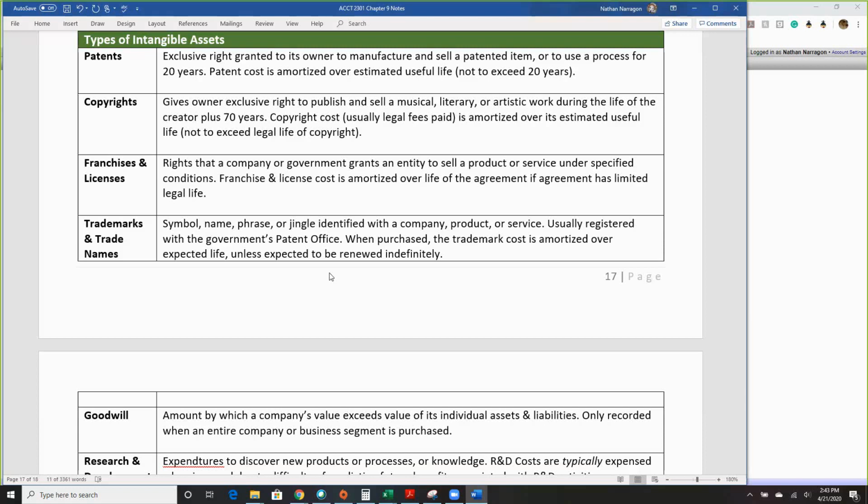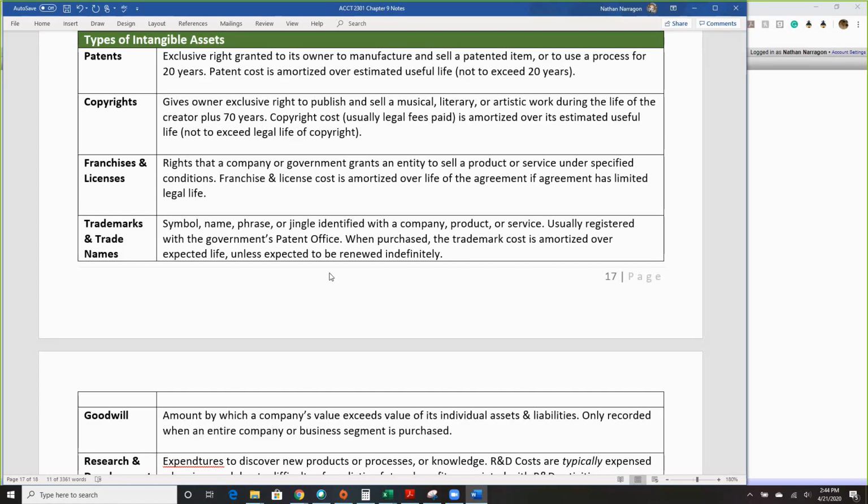Trademarks and trade names. These are, of course, every little thing that we see either with TM after it or the R, if you look at the circle with the R. But these are any symbols, slogans, phrases, or jingles identifying what company, product, or service.